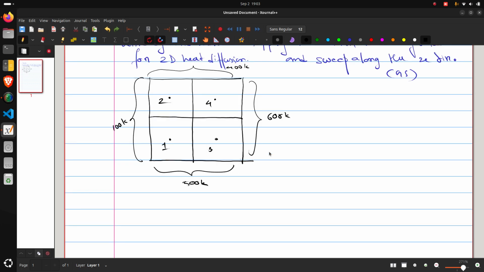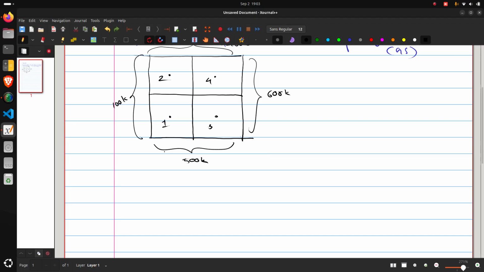Now what we will do is use the TDMA, or the tridiagonal matrix algorithm, in this direction, and then we will sweep along this direction. Okay, so by that what do we mean?